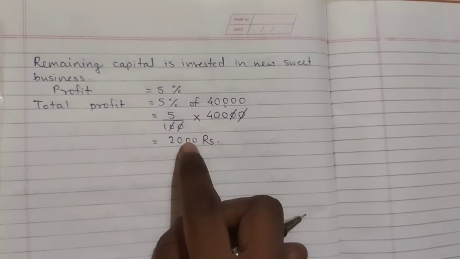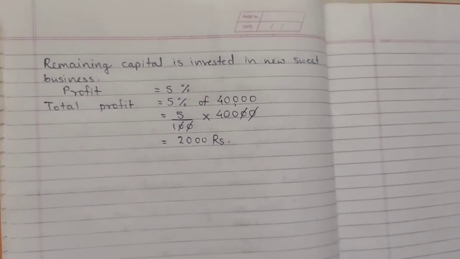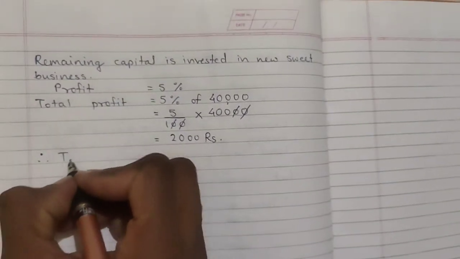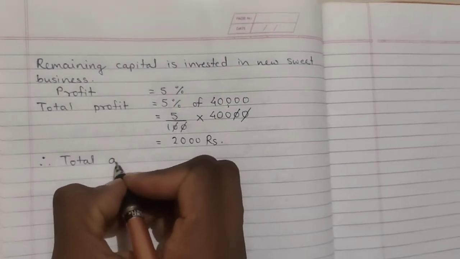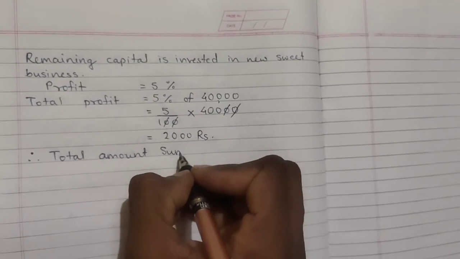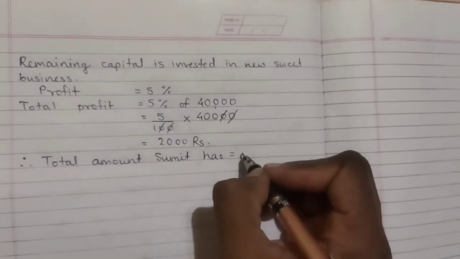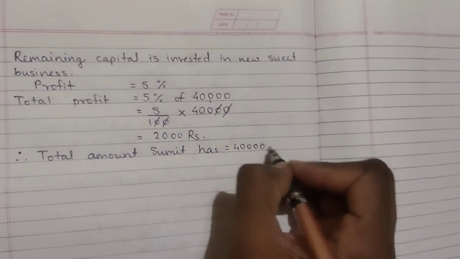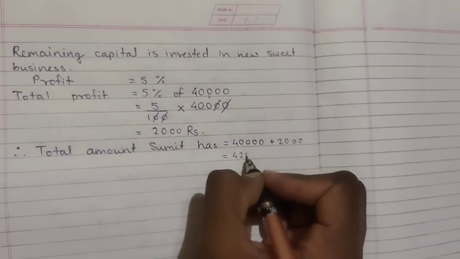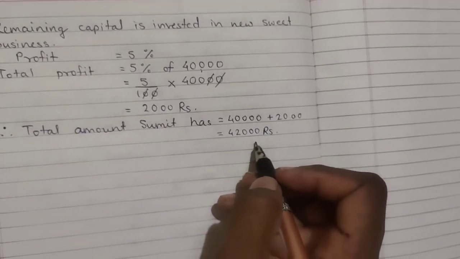So how much amount does he have now? 40,000 plus 2,000. Therefore, the total amount Sumit has is 40,000 plus 2,000, which is 42,000.